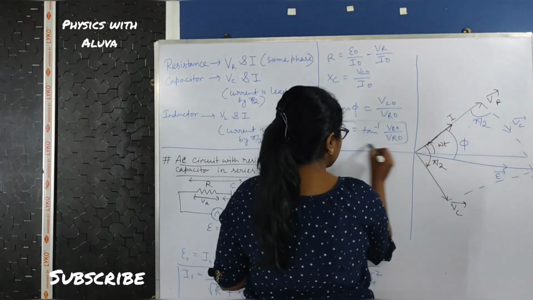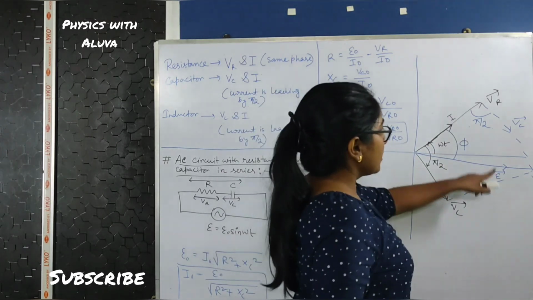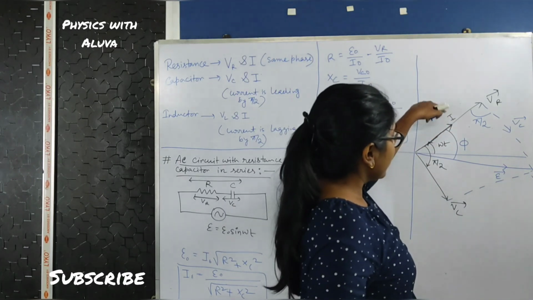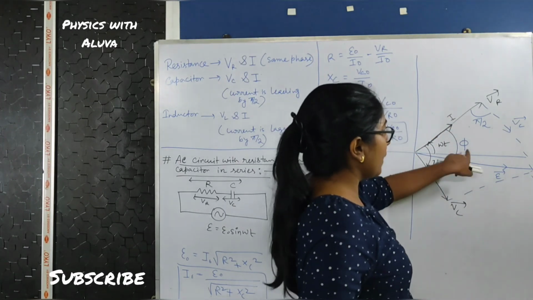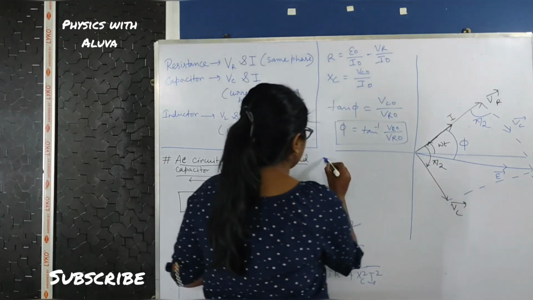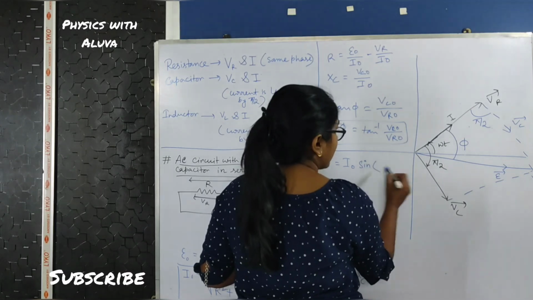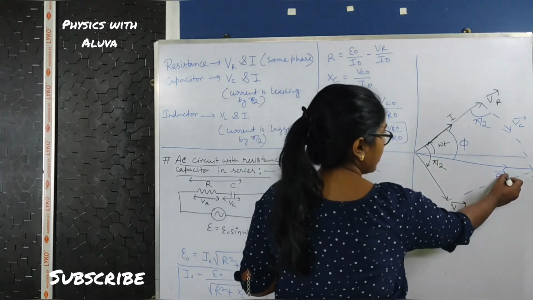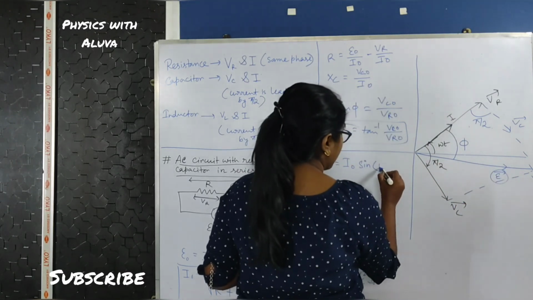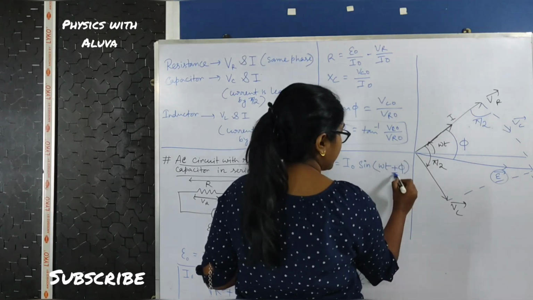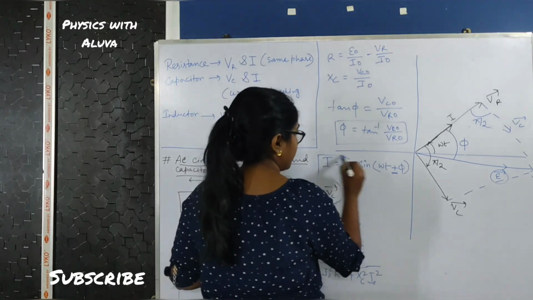And from here you can see phi is the angle between the resultant voltage and current. And you can see the current I is leading the voltage by the angle phi. So the final current I will be I naught sine, current is leading the resultant voltage, so this will be omega t plus phi. As the current is leading, we are giving this plus sign here.